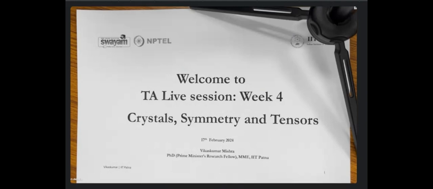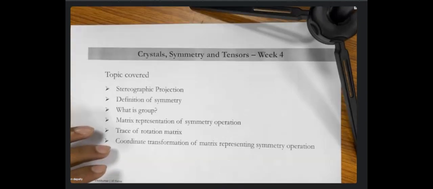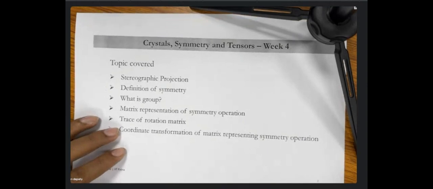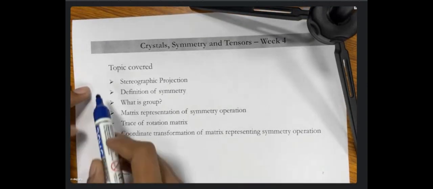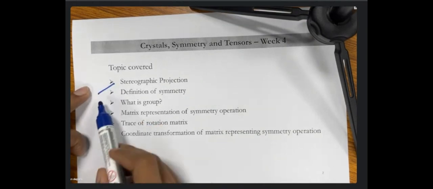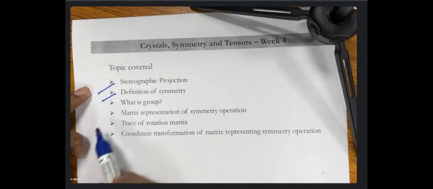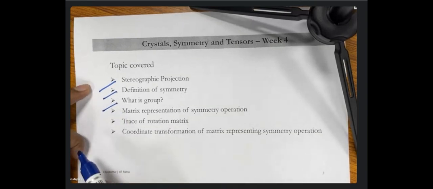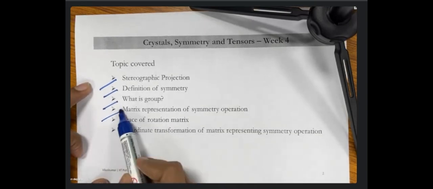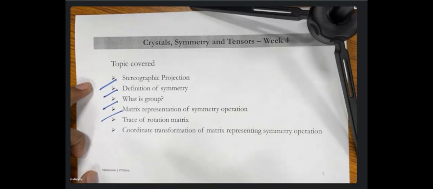The list of the topics that has been covered in this particular week are the stereographic projections, the definitions of symmetry, what is a group, we have studied about those things, and the matrix which is representing the symmetry operations.